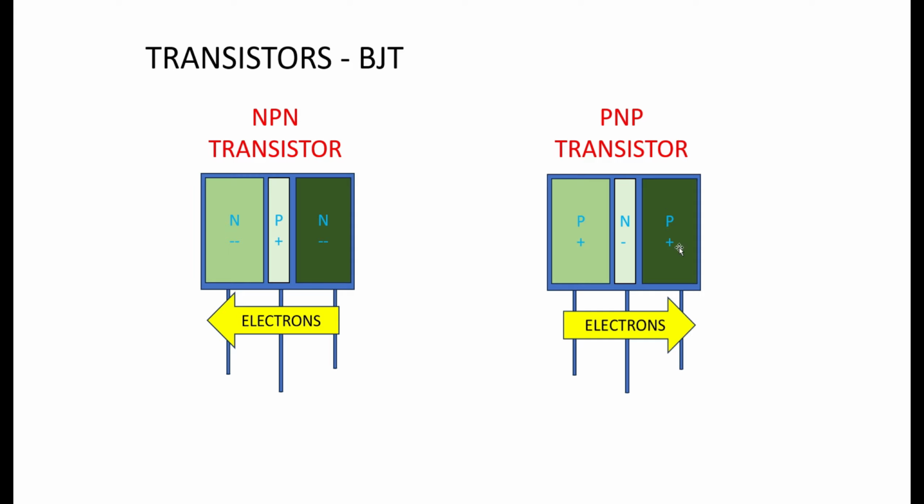So this is highly positive and this is a little bit positive, and the positive semiconducting material will want to attract electrons, so the electrons will flow this way. They both work the same way, only the forward and reverse bias on these transistors are flipped. But for our purposes, we're just going to ignore this PNP transistor and just look at how the NPN transistor works.